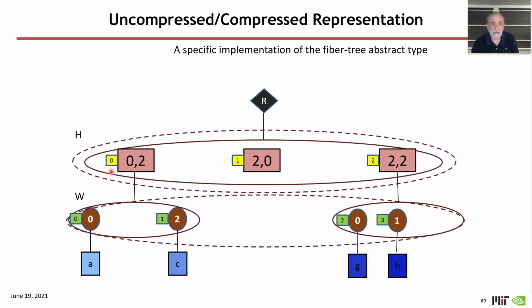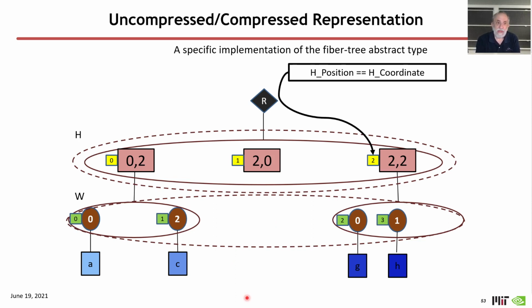The yellow values here are the positions in that uncompressed fiber, and the green boxes, which don't exist in memory, are just the offsets. The same with the green boxes down here. These are the offsets into the rank, which were used to find things. They don't appear in memory either. Because it was uncompressed, the position and the coordinate of the top rank are the same.